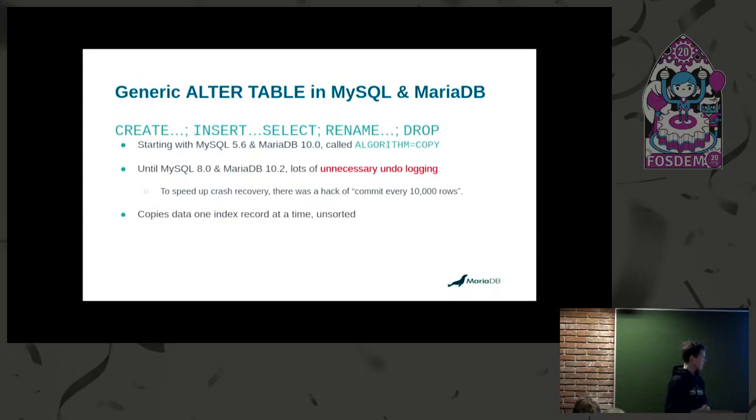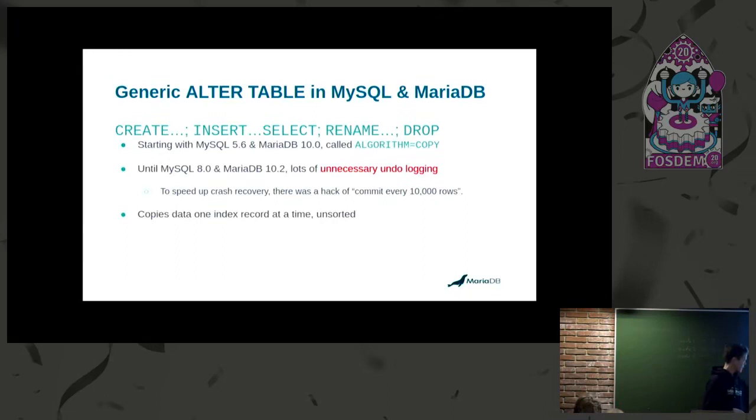So we had a hack. Heikki Tuuri, the creator of InnoDB, asked me to do this stupid hack that lets us commit the insert for every 10,000 copied rows so that the rollback will be faster. But then after a while I thought that maybe we should fix that and not write those unnecessary undo log records in the first place. So that's what we did in MySQL 8.0 before I left Oracle, and we also backported that to MariaDB 10.2.